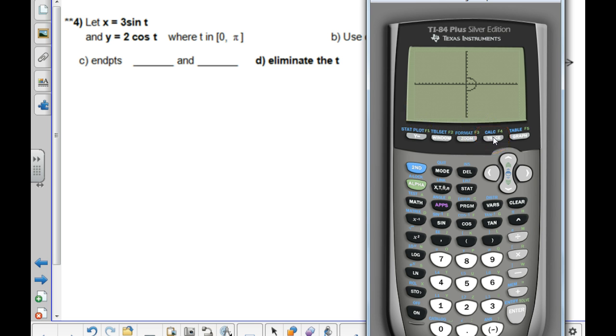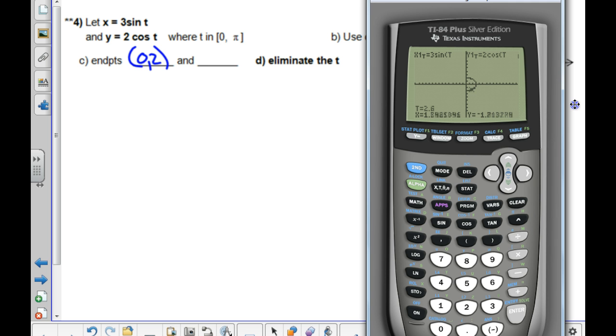What, when we do trace and we do 0, we get what? 0, 2. Now, I'm going to actually trace along this time because somewhere over here, it's going through what? Well, looks like 3 something to me. 3, 0? So is it a perfect circle?